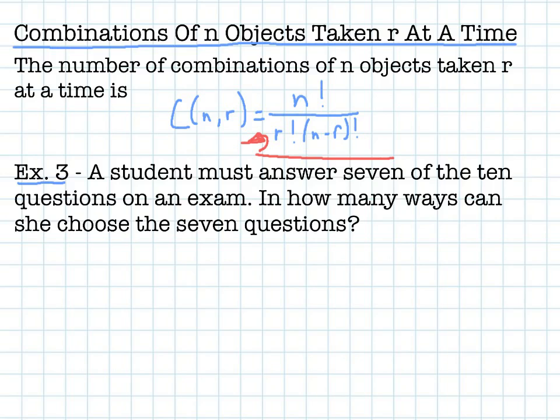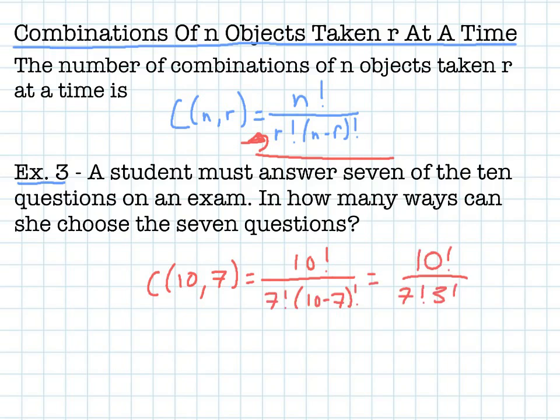It doesn't matter which ones you pick, just as long as you're picking 7, right? So here we put 10 is my N, 7 is my R. So then 10 factorial divided by 7 factorial times 10 minus 7 factorial. So that gets me 10 factorial over 7 factorial times 3 factorial.